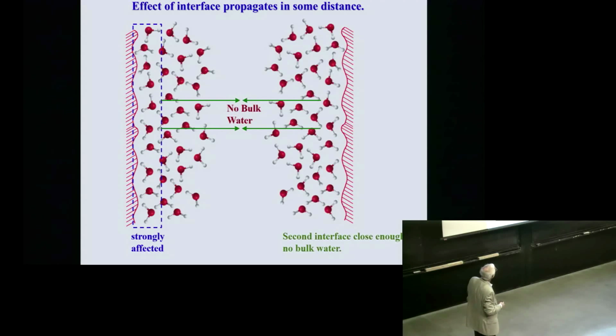So what happens if there's another interface that's close enough in? These water molecules are very different, and they're getting perturbed, and if before these guys were like bulk water, now they meet these guys that aren't like bulk water, so there's just no bulk water.